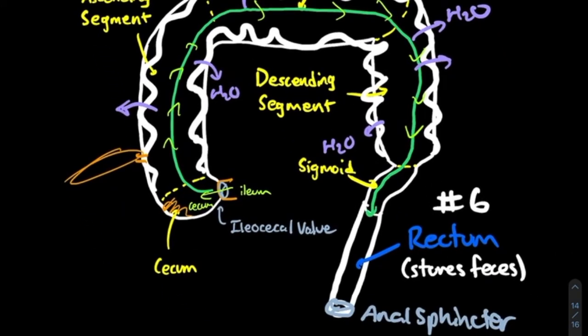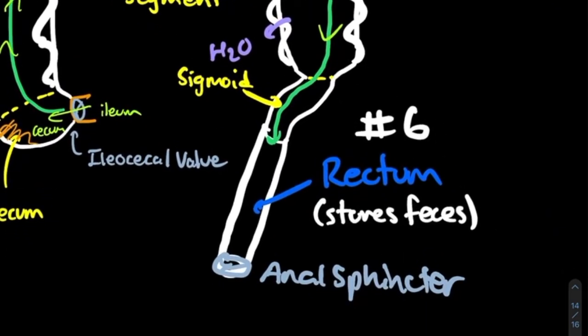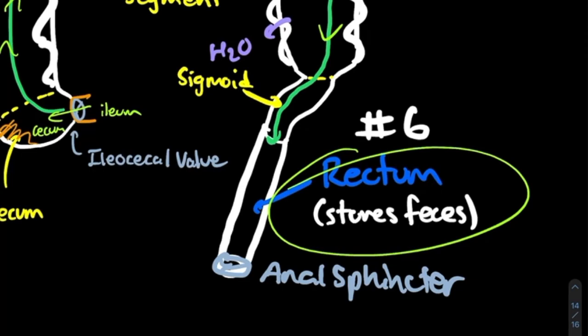The way that you can remember the sigmoid segment is it's kind of like an S. I tried to draw that here, I apologize, but just think of sigmoid S at the end of it when you're drawing this thing, and that basically empties out into the rectum, which stores our feces until we need to go ahead and poop. And then at that point, it travels through the anal sphincter and then out the other side.